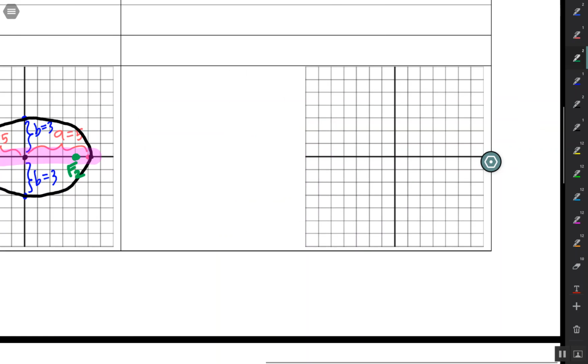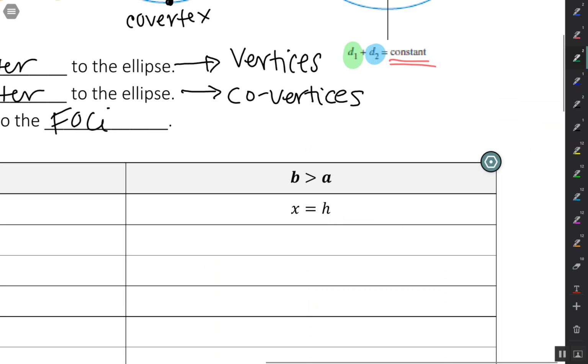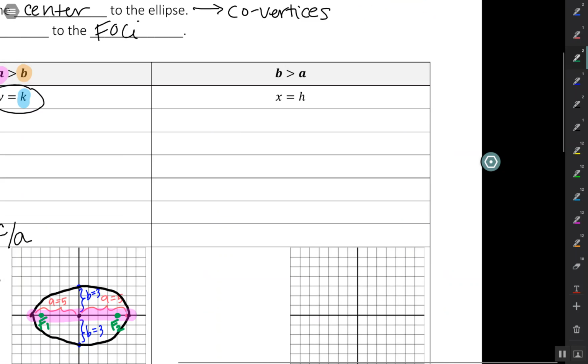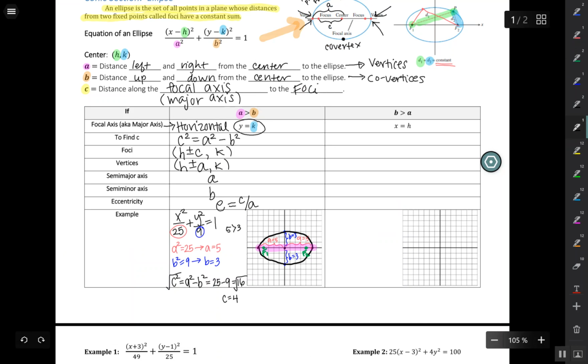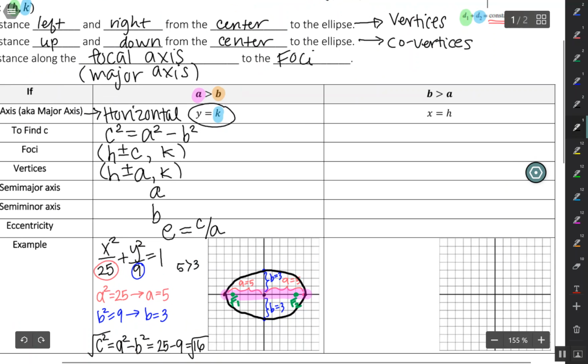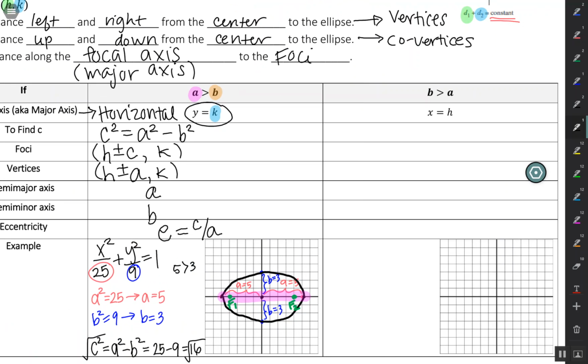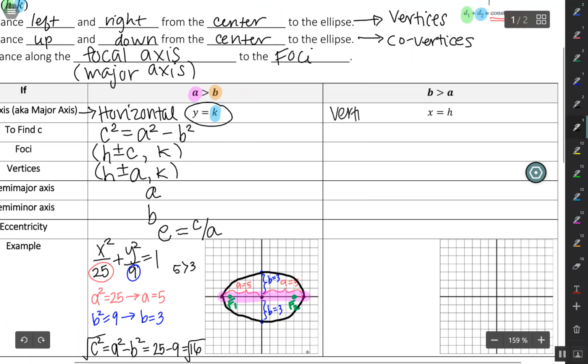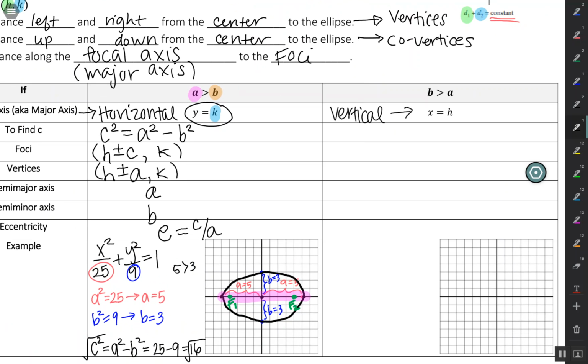Okay, so now let's flip it around, and we're going to make b greater than a. You're going to see a lot of similarities, and you're going to see some changes here. So this time, if b is greater than a, b is the up or down number, it's going to be longer. You're going to have a vertical major axis, and the equation will be x is equal to h this time.